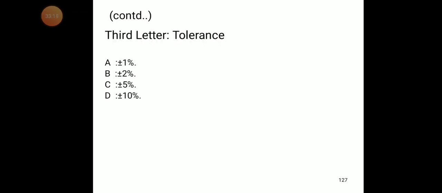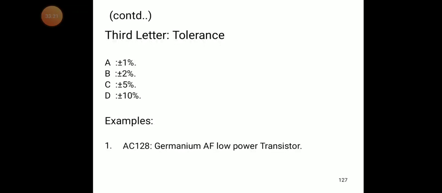The third letter gives the tolerance. A, B, C, D mean 1%, 2%, 5%, 10%. Like this we have the tolerance.